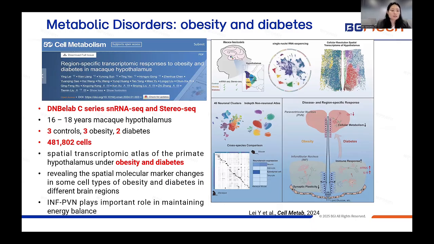It constructs a spatial transcriptomic analysis of the primate hypothalamus under obesity and diabetes. Also, it reveals the spatial molecular marker changes in some cell types of obesity and diabetes in different brain regions. Finally, it finds the INF-PVN pathway plays a very important role in maintaining energy balance.